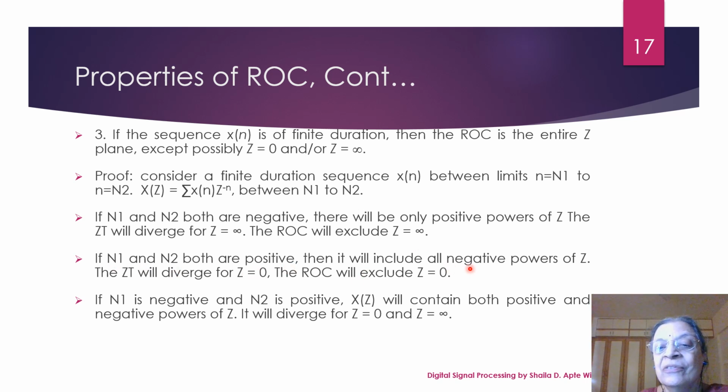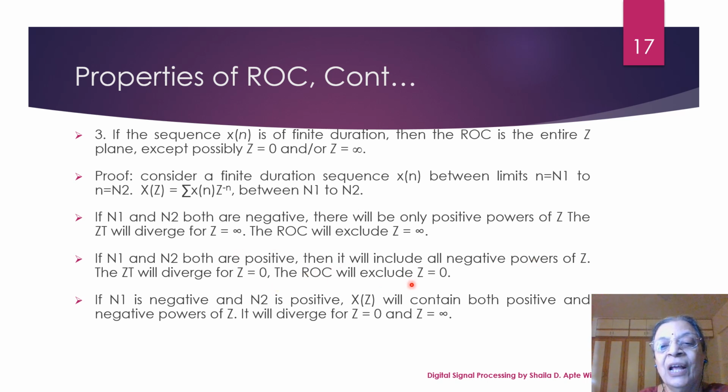Then in that case it will include all negative powers of z, and the z transform will diverge for z equal to 0. So when z is tending to 0, z raised to minus n, in this case, because it contains negative powers of z, will diverge.